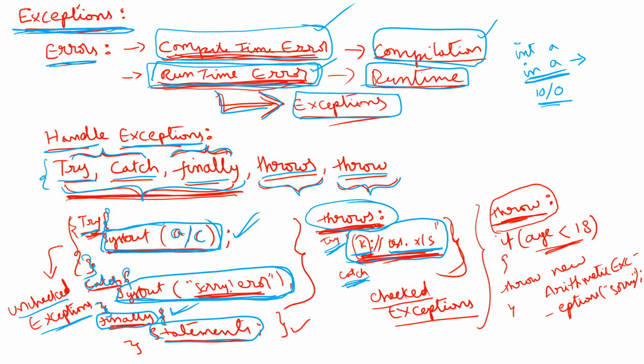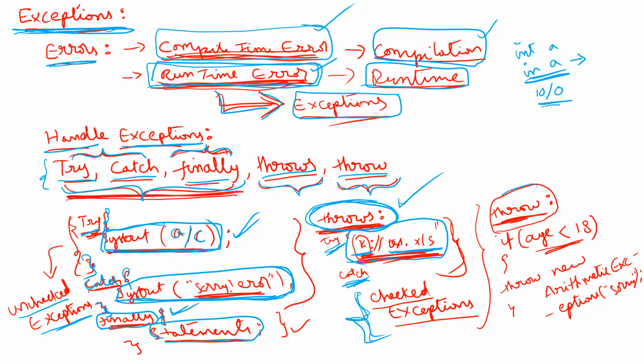So instead of using a try catch block, we can use a throws keyword. We'll see an example on this one, but for now just remember that the throws keyword is used for checked exceptions. That means the compiler already knows that some pieces of code may cause exceptions, and those kinds of exceptions are called checked exceptions, and we handle them using the throws keyword.